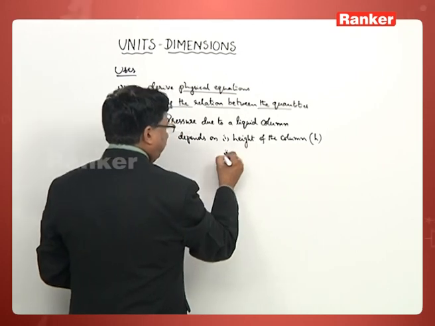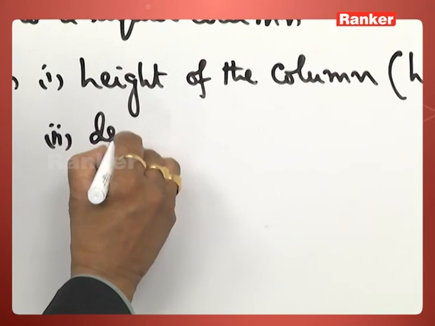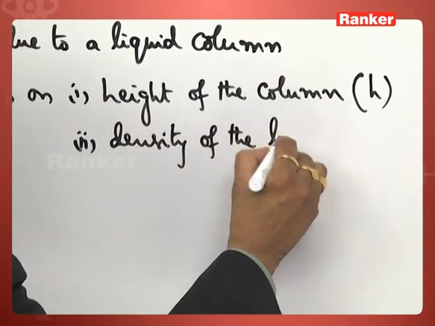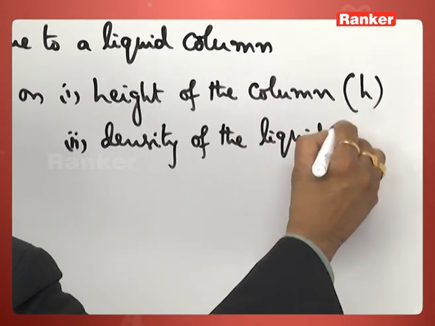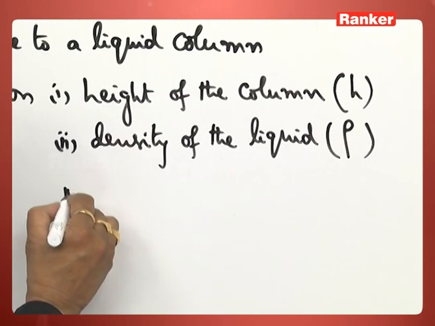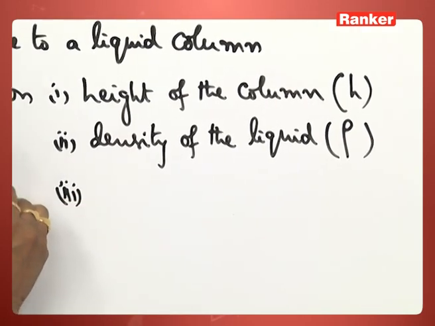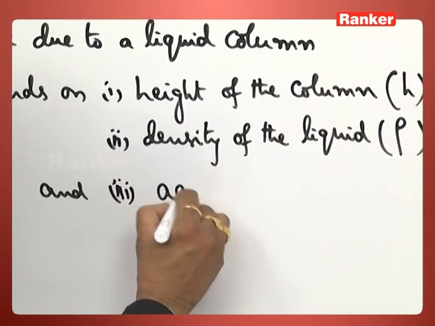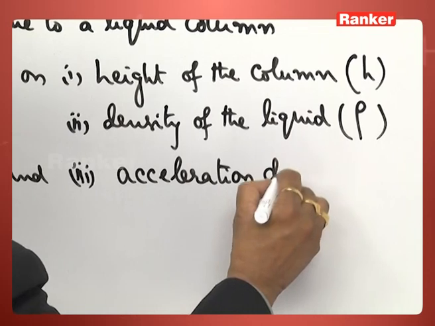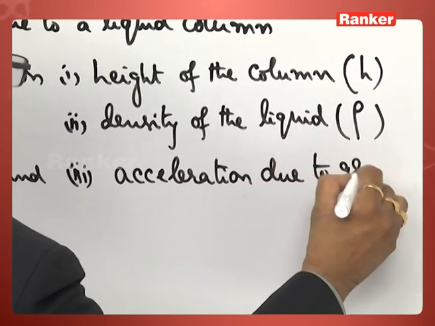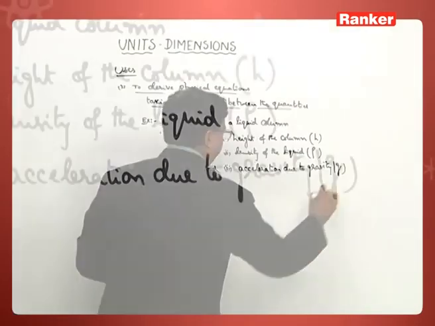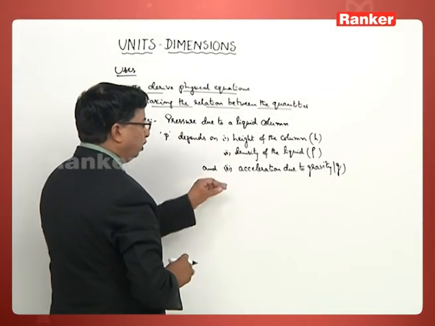The second one is density of the liquid, that of course rho we can take up. And coming to the third one, that is acceleration due to gravity, that is what we take as g, small letter.